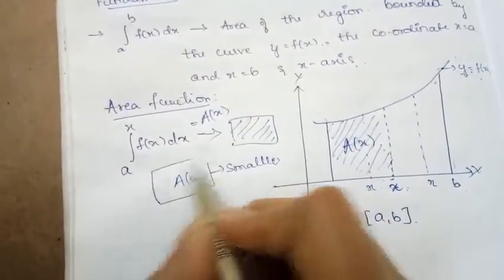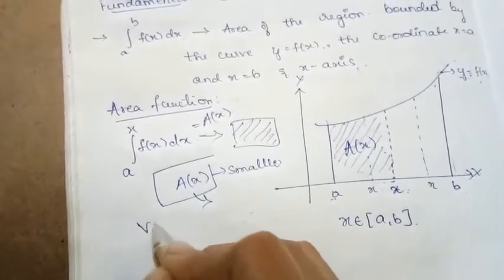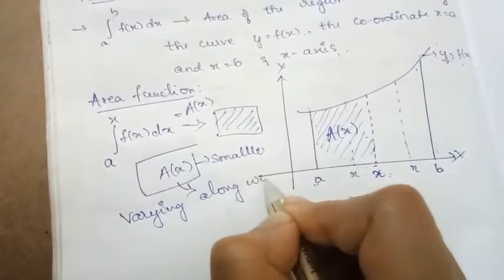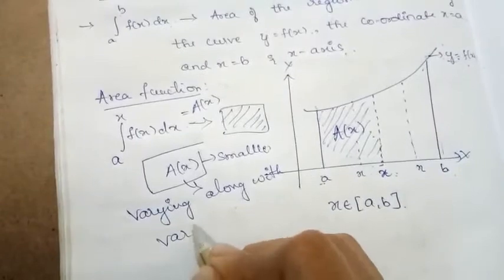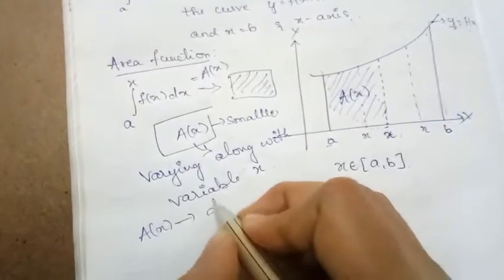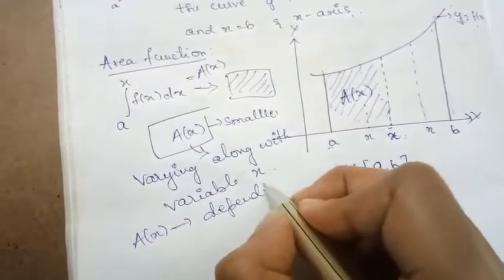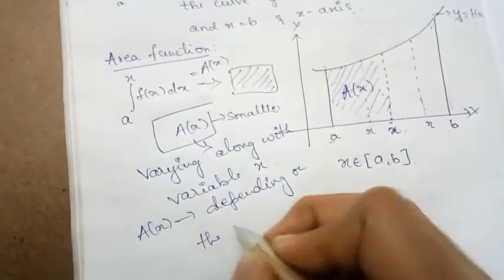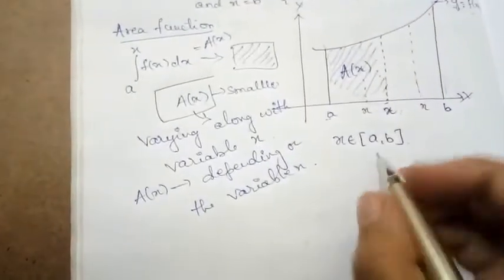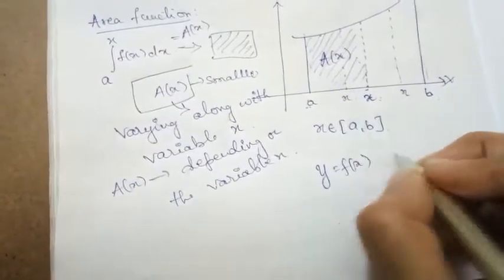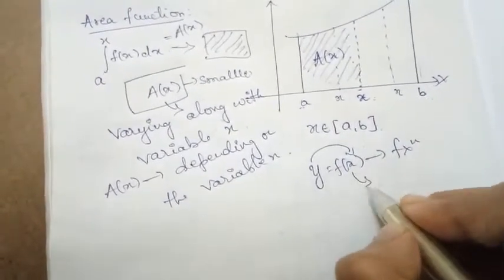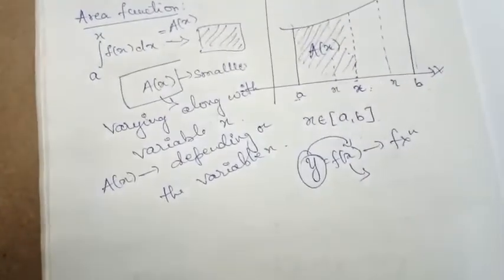So clearly A of x is varying along with the variable x, or else I can say that A of x depends on the variable x. When do we call something a function? Suppose y is equal to f of x, it is said to be a function when y depends upon x, that is, as x varies, y also varies.